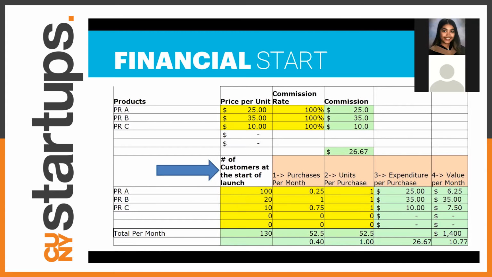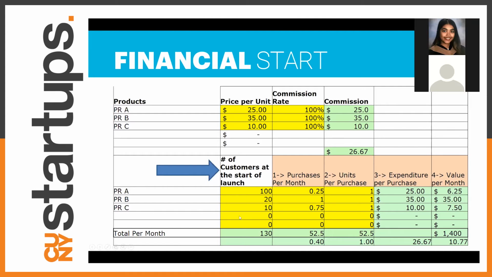You're saying, well, how do you start with a certain number of customers in month 1? It's just what gets the financial worksheet going. It could be done differently, but I just chose this because it's easier. So you start with some certain number of customers. In this, they're putting in that for product A, they have 100 launch customers, 20 product B customers, and 10 product C customers.